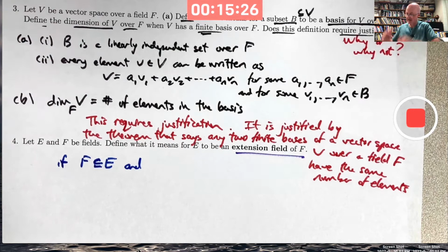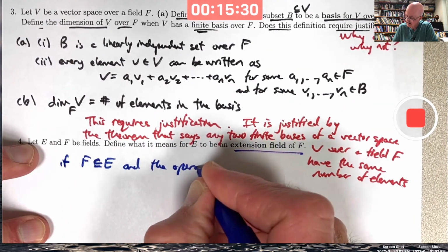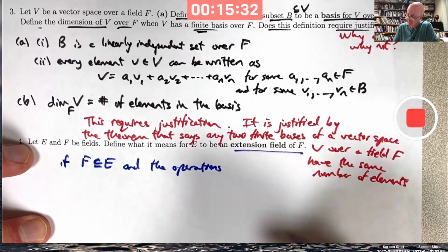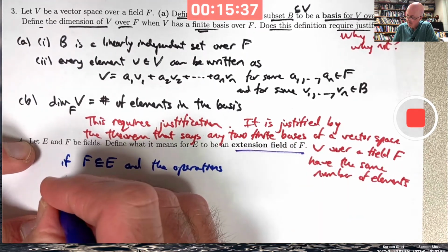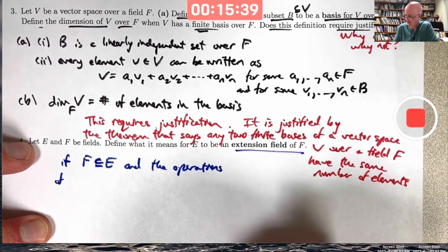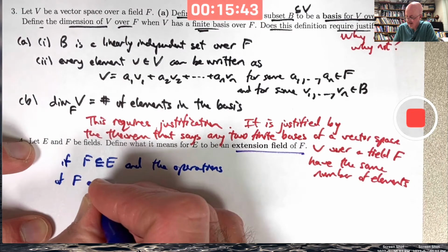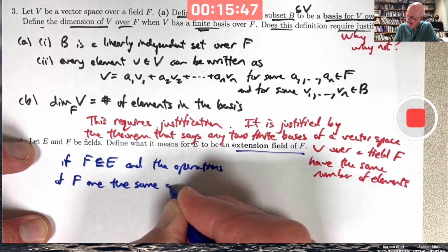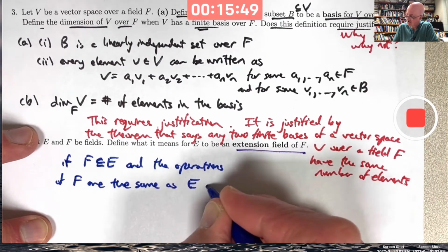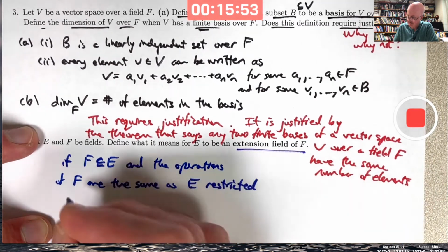It's an extension of F. And the operations, okay, you could phrase this in different ways, of F are the same as E restricted to F. Kind of an odd way to phrase it.